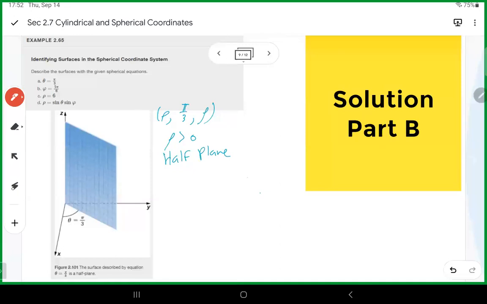All right, the next one says that we have phi equal to 5 pi over 6. This describes all points in a spherical coordinate system that lie on a line from the origin, forming an angle measuring 5 pi over 6 radians with the positive z-axis. These points form a half cone.